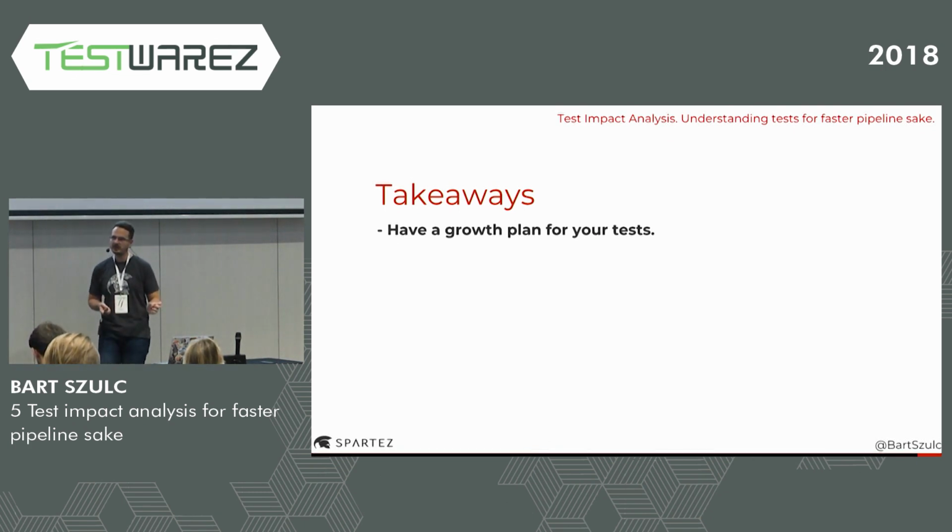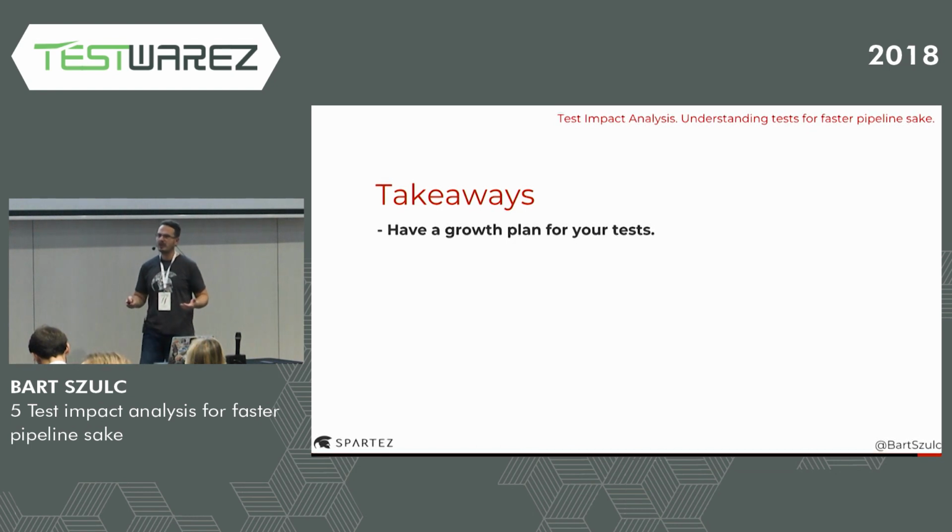In fact, we are in the process of introducing such limits. Basically, you have a budget of test execution time, and you need to decide what tests you are going to run within the budget. So think about how you are going to react if your automated tests grow to huge numbers.